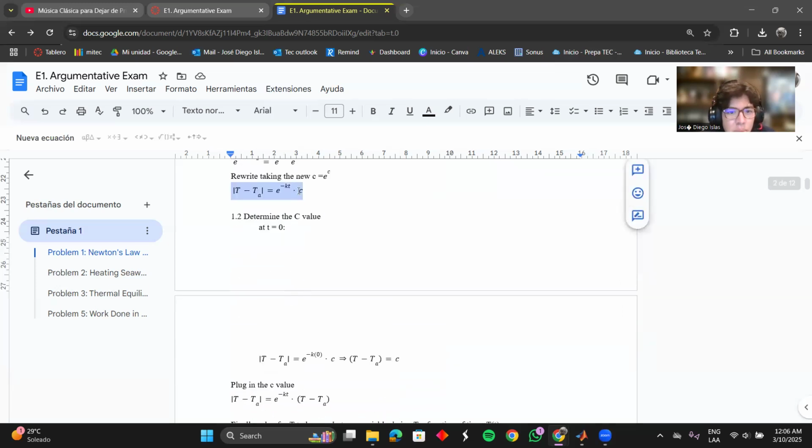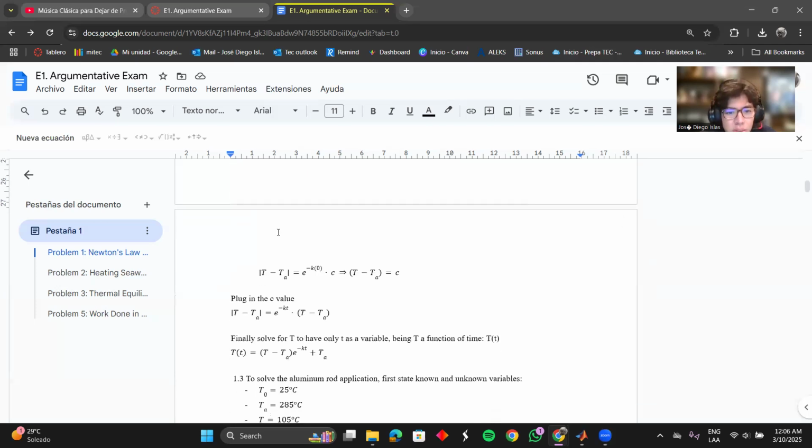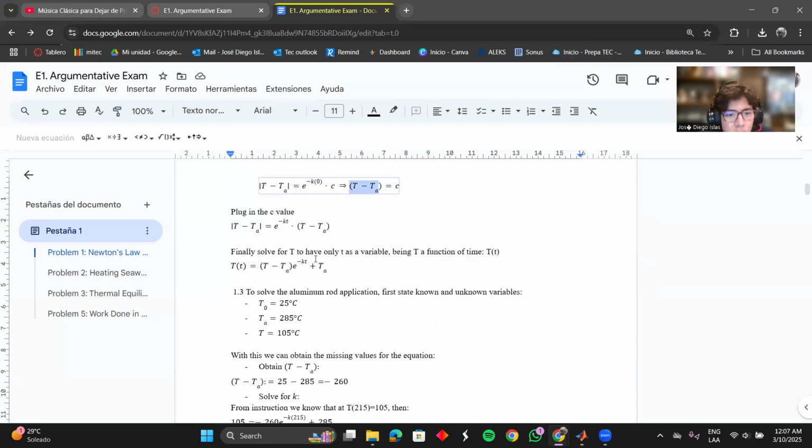We want to know the value of that constant, so we set time equal to 0. Time equal to 0 makes this exponential equal to 1, so we get that c is equal to this relation of T minus Ta. We get the value for c, and we plug in the value, right?